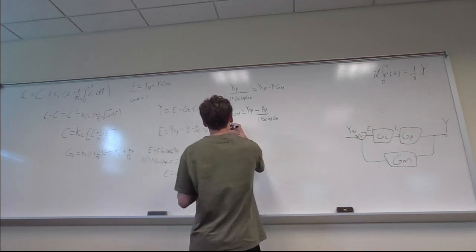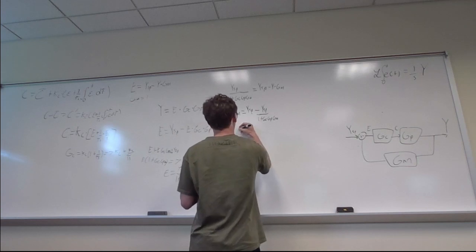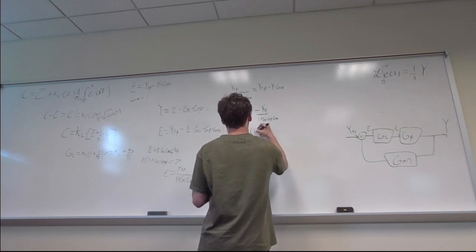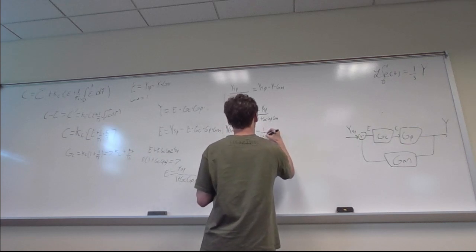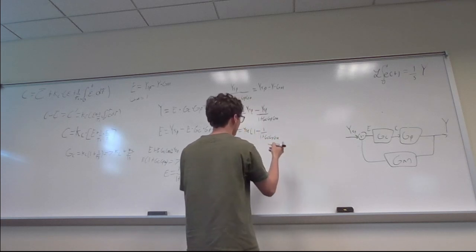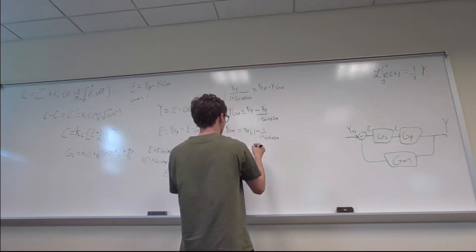So we have Y GM equals Y_SP, 1 minus 1 over 1 plus GC GP GM. And we don't like that, so we're going to bring this to the top.